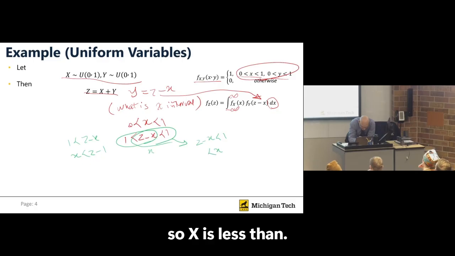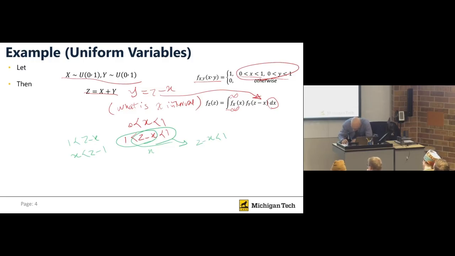So x is less than z minus 1. Am I right? No. I think I messed up. Oh, this is x minus 1. So x is, how did I write that?